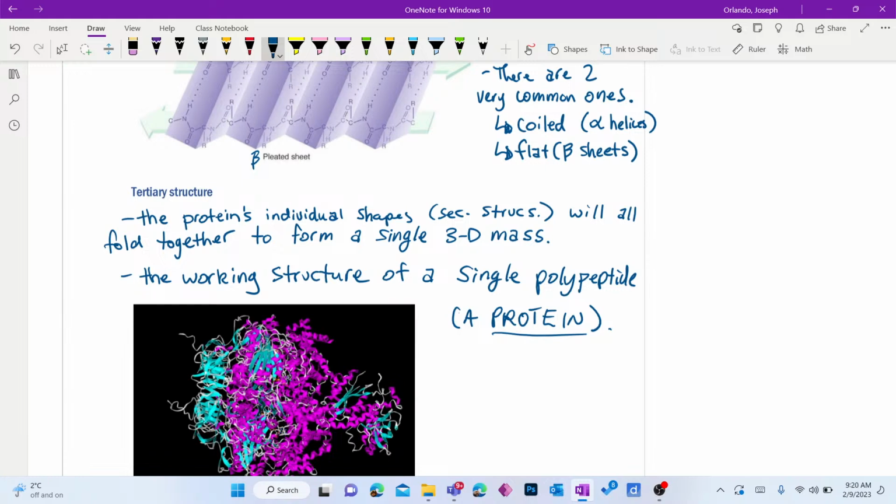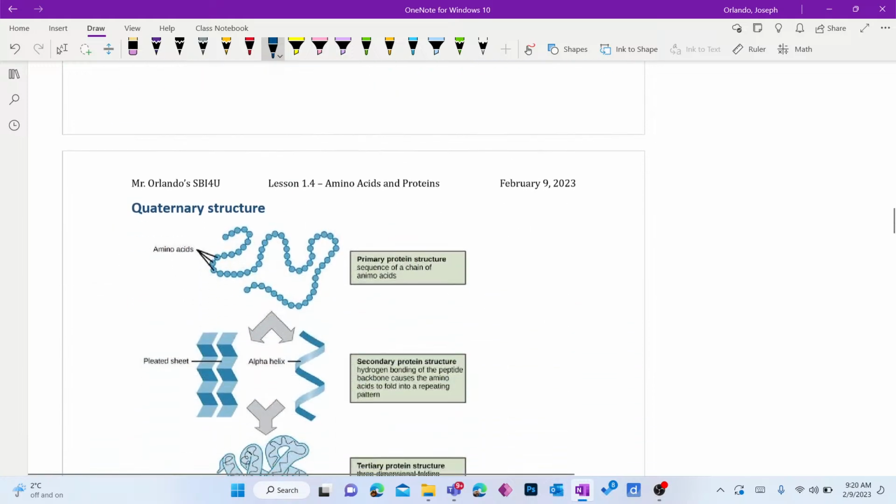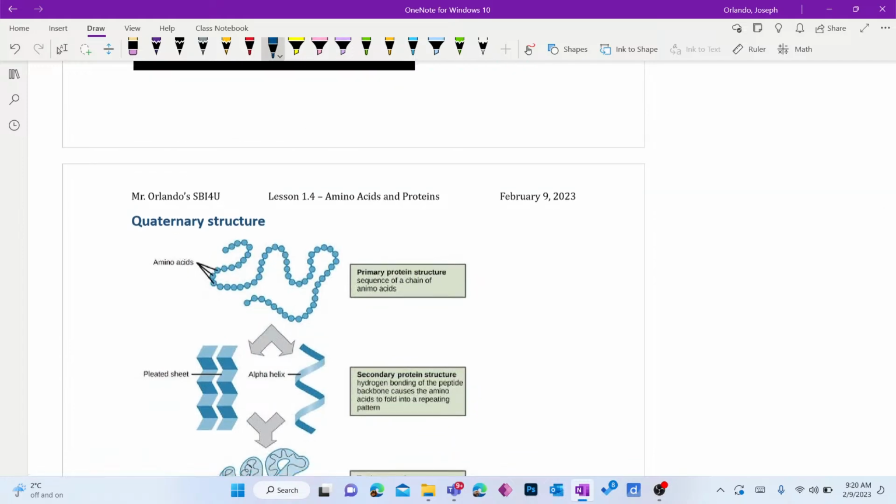And yet, we go one beyond that, because what comes after that? That is the quaternary structure, which I meant to put a gap for this, but that's okay. Some proteins, not all, but some proteins are more than one chain put together. What's your opinion on the word quaternary?